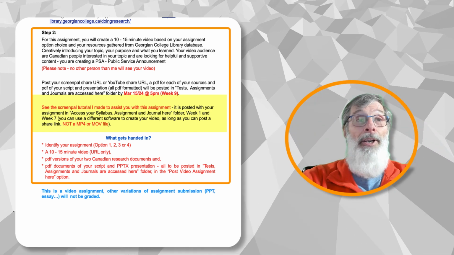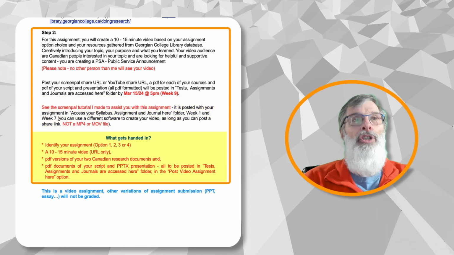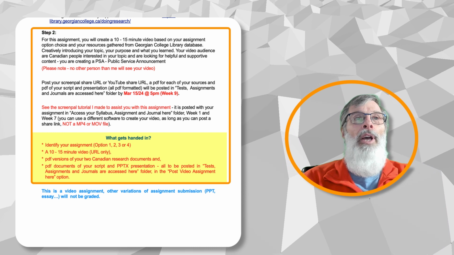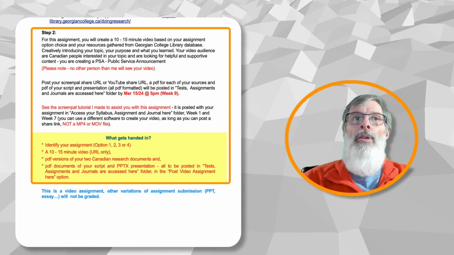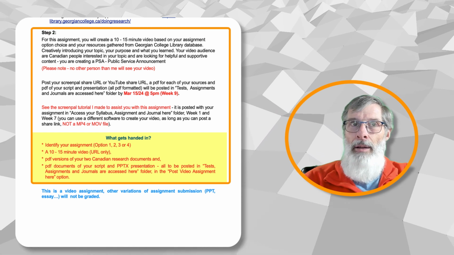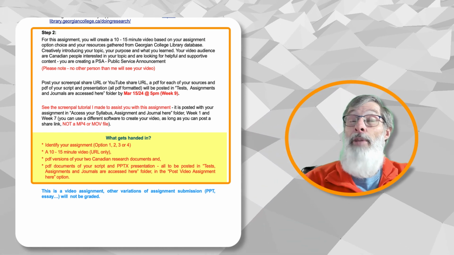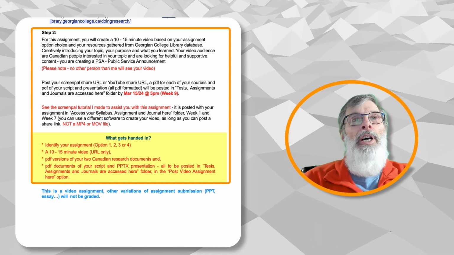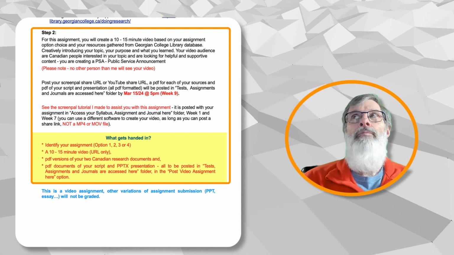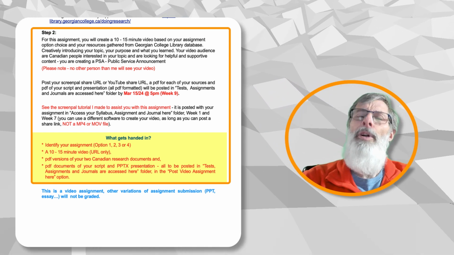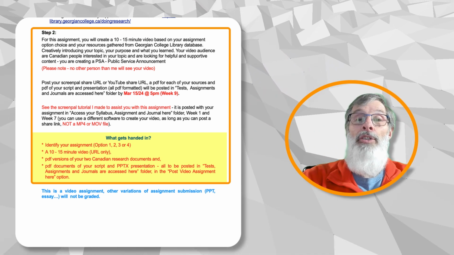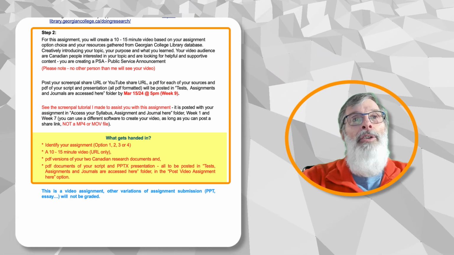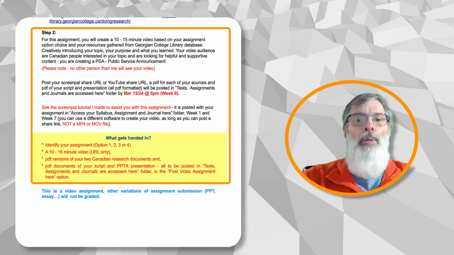Now, what gets handed in is your assignment identifying which of the 4 options you've selected. You're going to provide me with a URL for the 10 to 15 minute video. You're going to find 2 pieces of research that help you understand the theory, or in option 4's case, the targeted hardening, in terms of how it helped you learn.